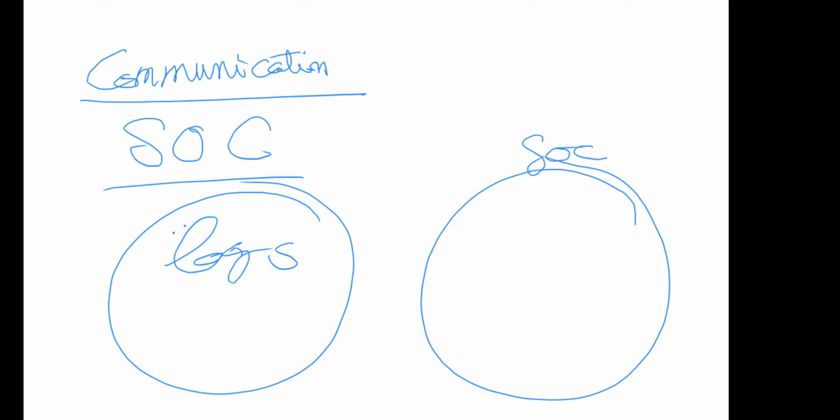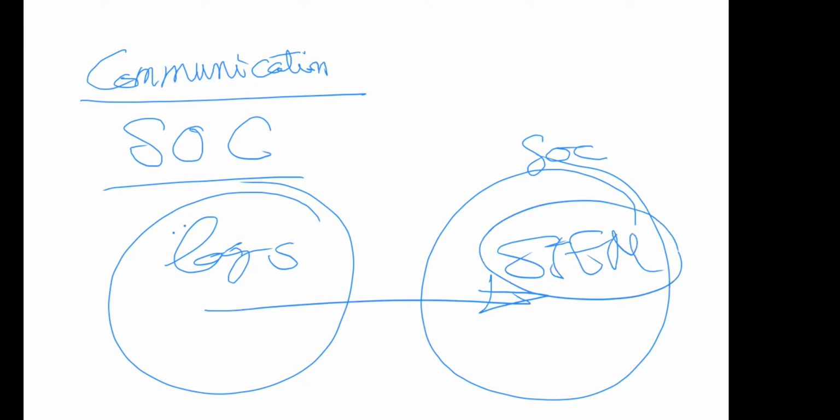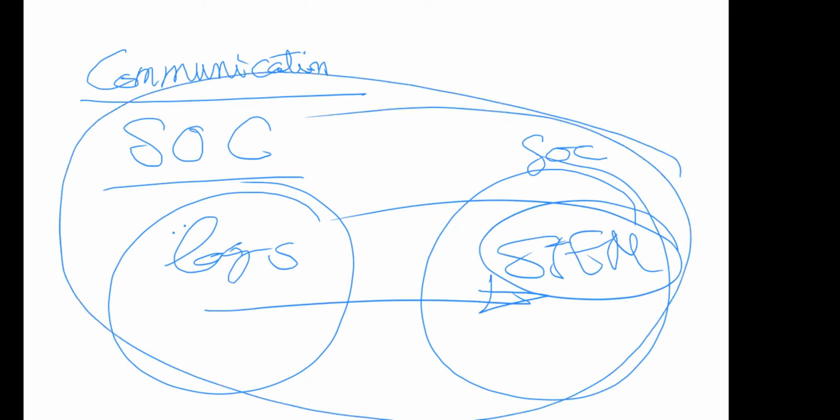And all these logs must be sent to the SOC for the SIEM, which we can consider a separate log device, a separate repository, where we have correlation, and so on. Then we must have, of course, very close interaction between the operation team and the SOC team.